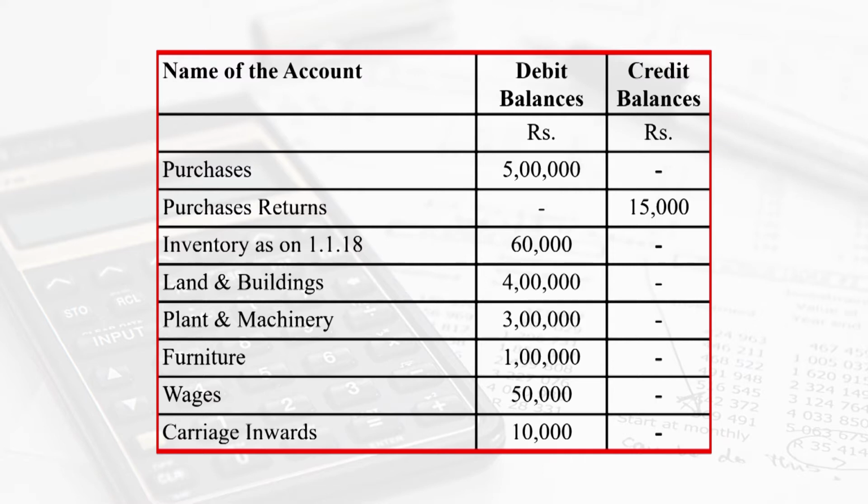So whatever amount we have paid in order to bring the goods from the place of purchase to the factory is called carriage inwards. Again it is an expense for the business, and it has a debit balance of rupees 10,000.